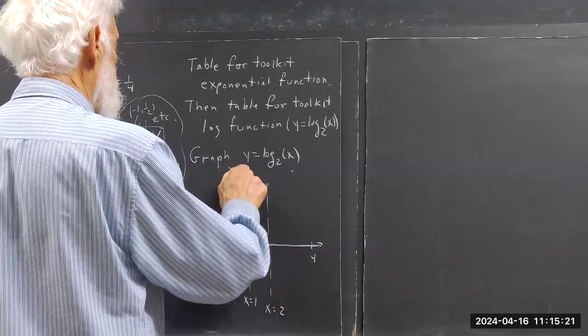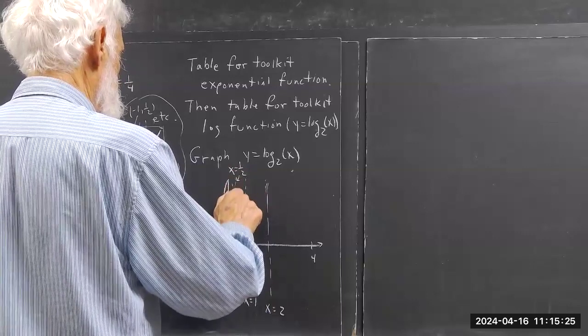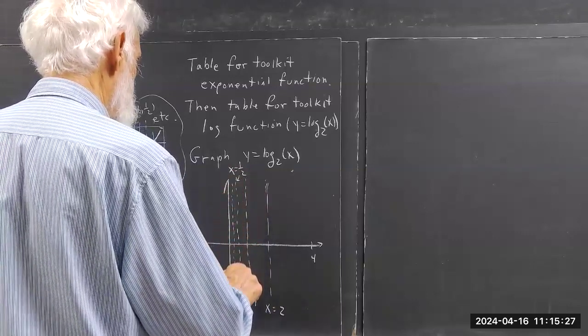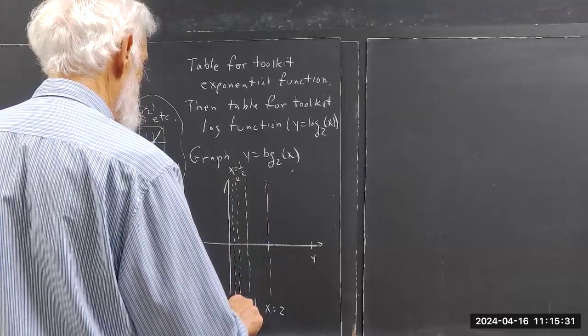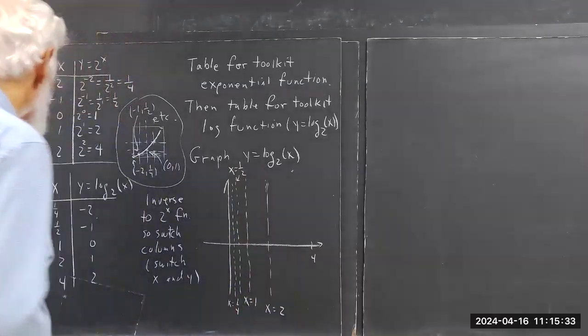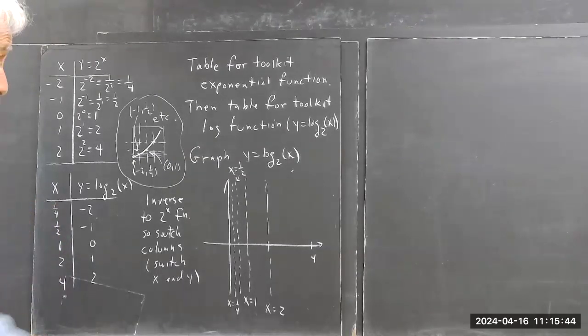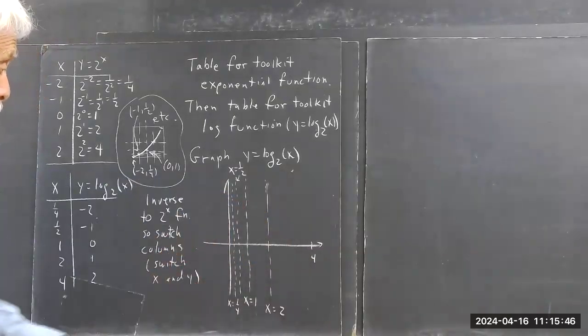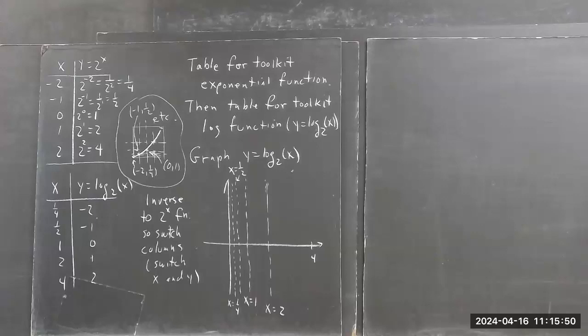We get x equals 1/2 here. And cut this one in half, x equals 1/4. Conveniently, these are just the numbers on our table, so we keep cutting in half and we get everything we need to sketch this graph.